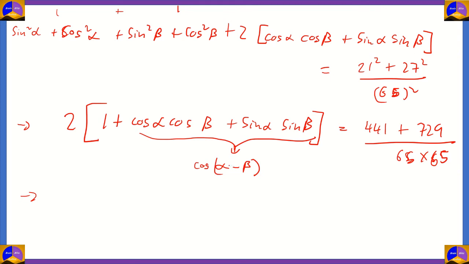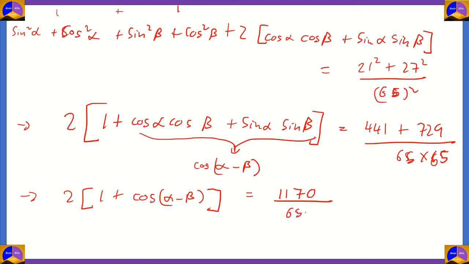So now that we know that this expression is equal to 1 plus cos alpha minus beta, let's write it down. So 2 times 1 plus cos alpha minus beta equals 441 plus 729 gives you 1170 divided by 65 times 65.